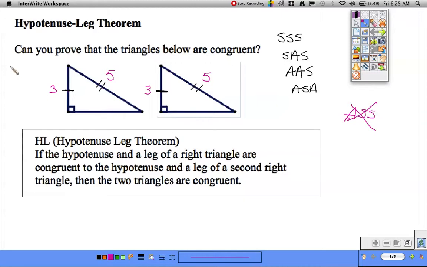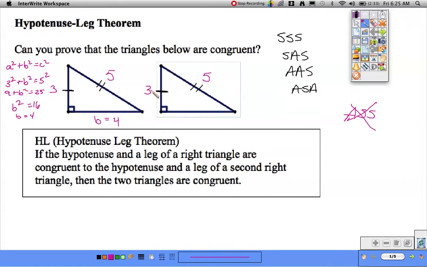Well, I could use the Pythagorean theorem, a squared plus b squared equals c squared, to figure out what this missing side b actually is. So if a was 3, 3 squared plus b squared equals my hypotenuse 5 squared. That means 9 plus b squared equals 25, so b squared must equal 16, and b then is equal to 4. According to the Pythagorean theorem, it has to be.